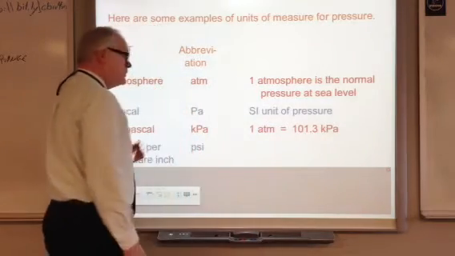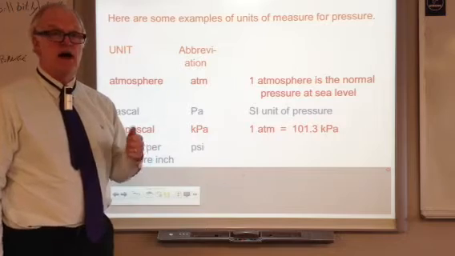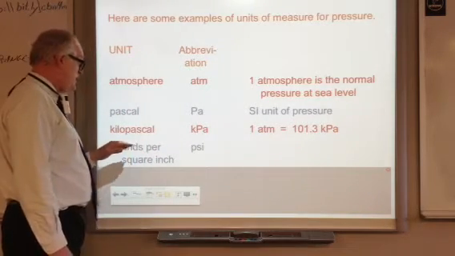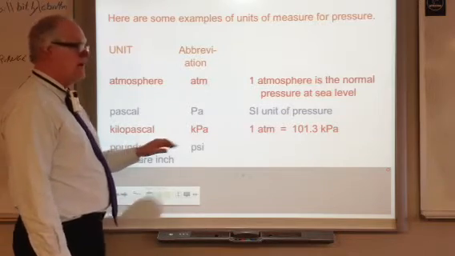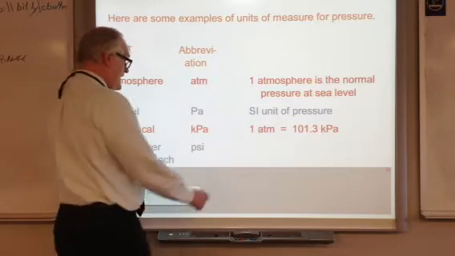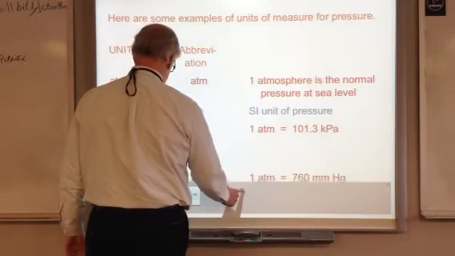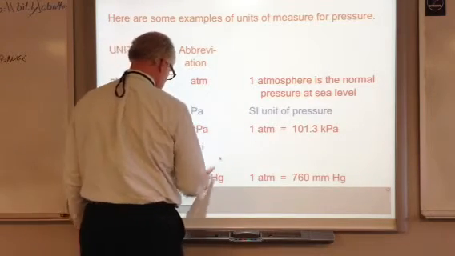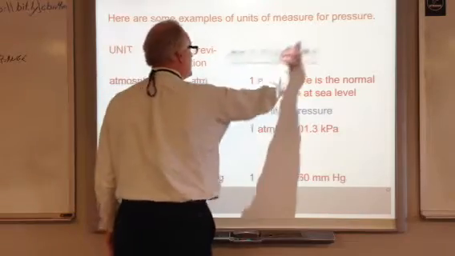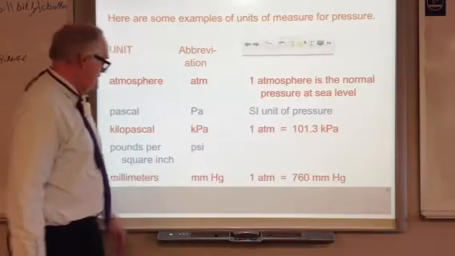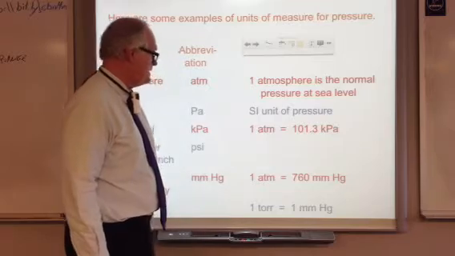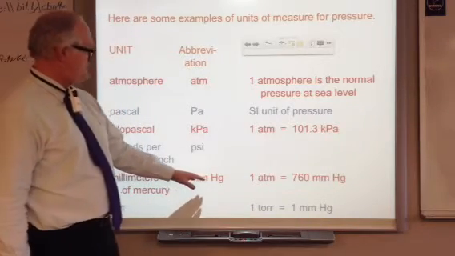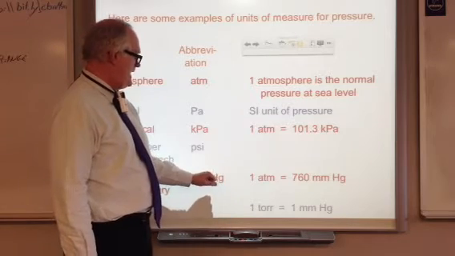Here in the United States, when we're filling our bicycle tires or our automobile tires, and in other circumstances as well, we measure pressure in pounds per square inch with the abbreviation PSI. We might also measure pressure in millimeters of mercury, with the abbreviation mmHg.